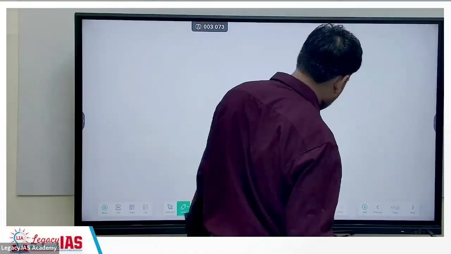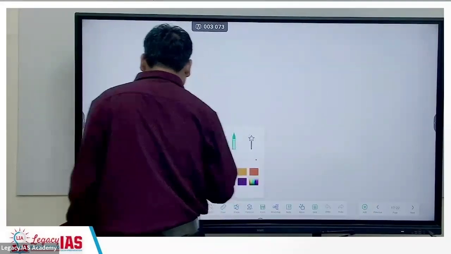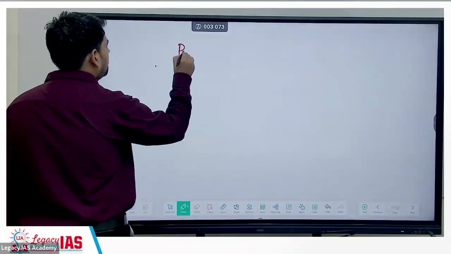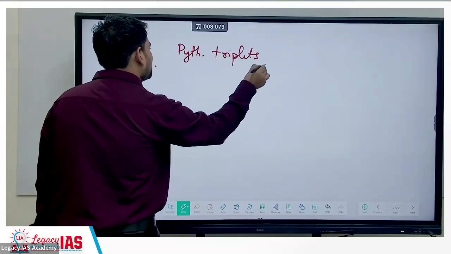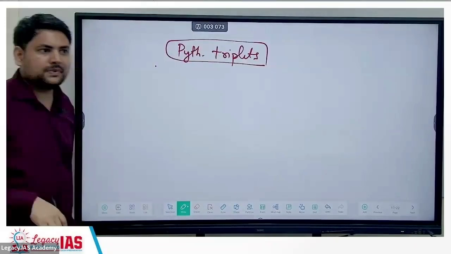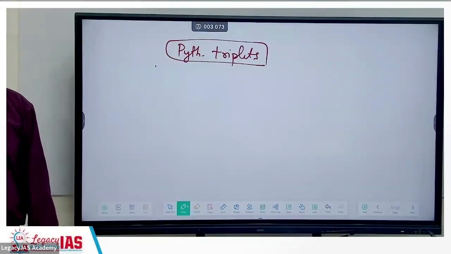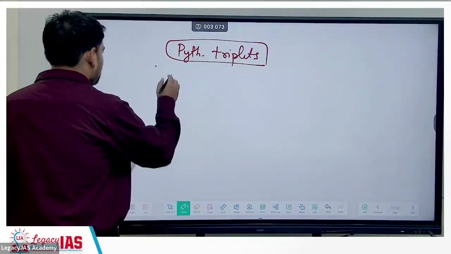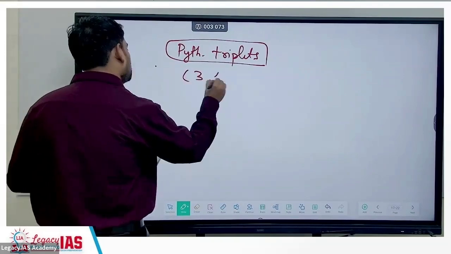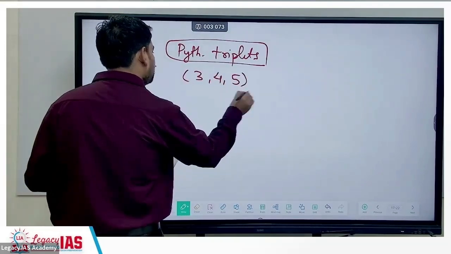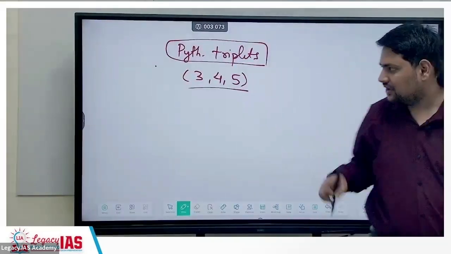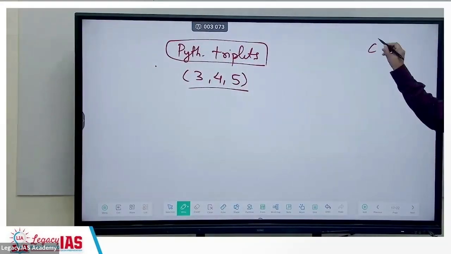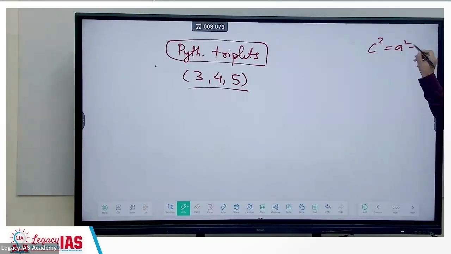Next, you write some important Pythagorean triplets. This you can remember. One of the most famous ones is 3, 4, 5. What are Pythagorean triplets? Which form something like this: c square is equal to a square plus b square.